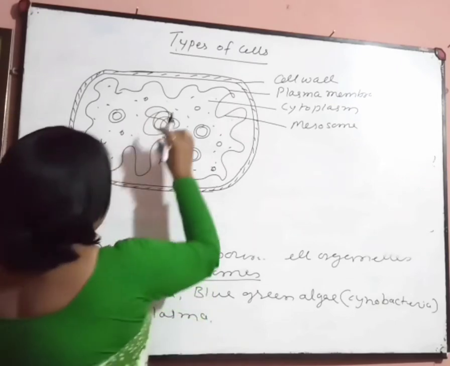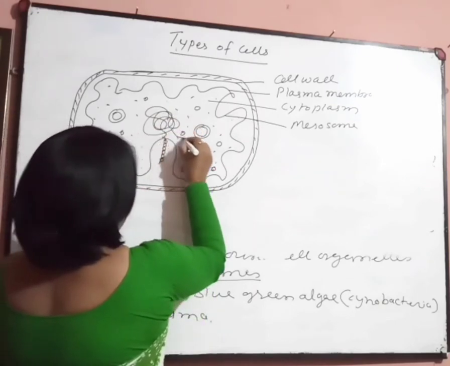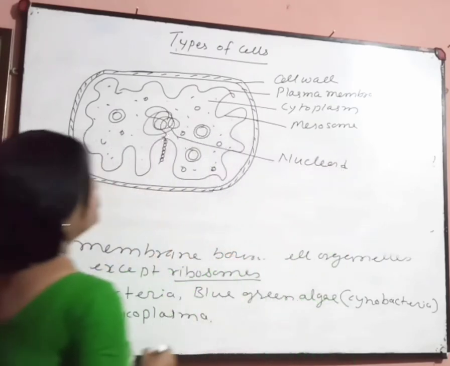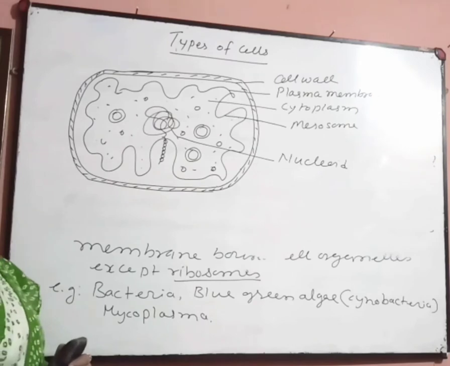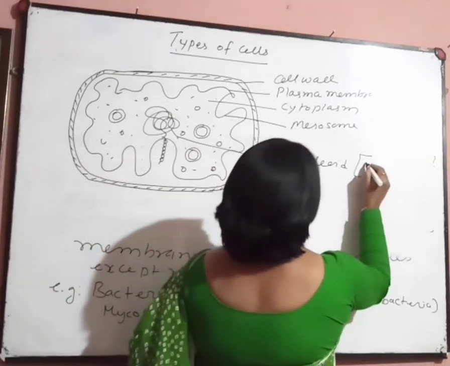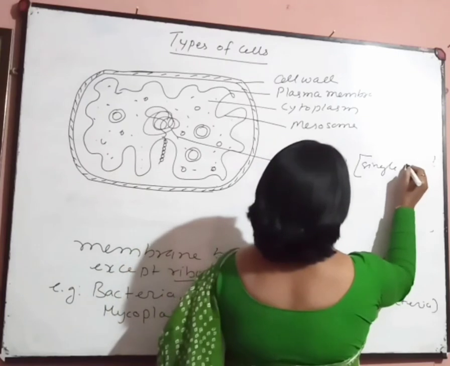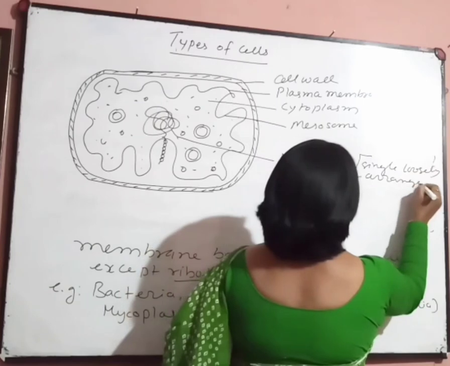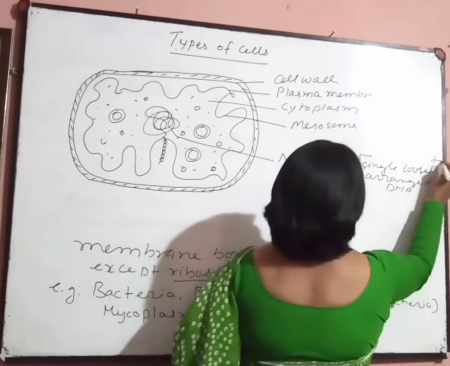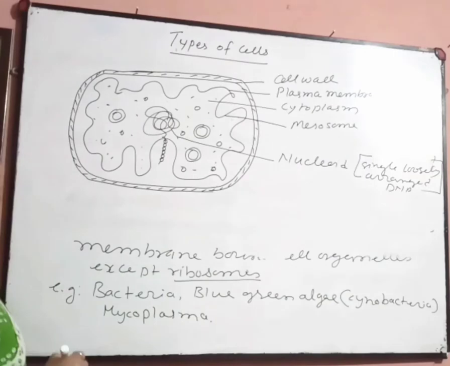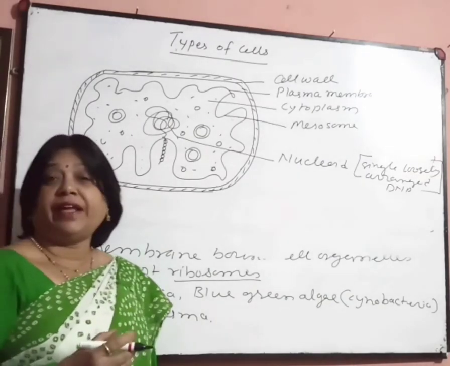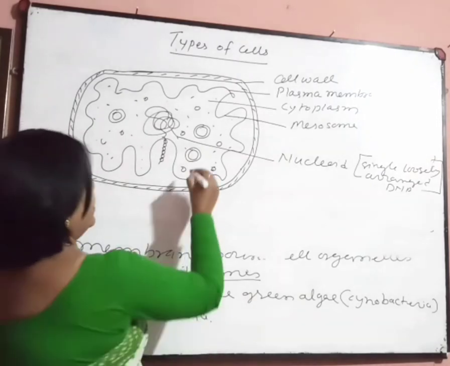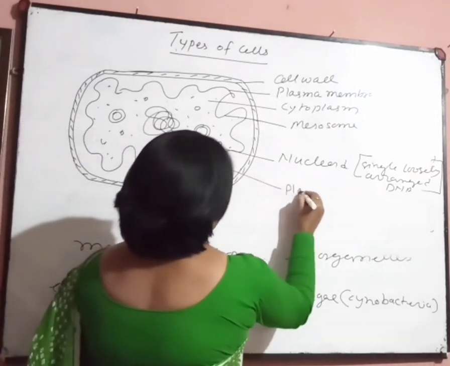And this part is called the nucleoid, and this nucleoid contains the single loosely arranged DNA. Besides this DNA, a small circular DNA is also present, and this is called plasmid.